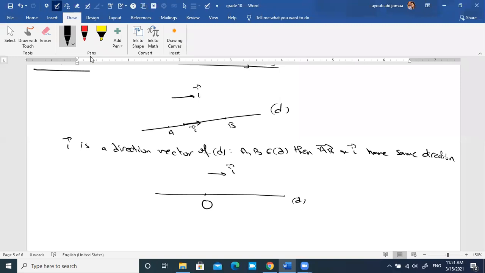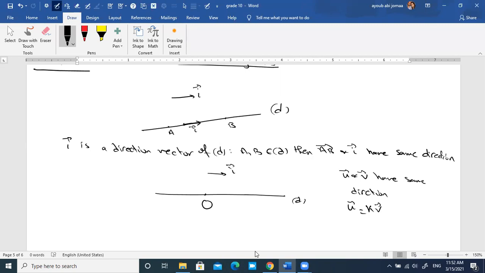To remind you, if, for example, 2 vectors U and V have the same direction, it means they are collinear. U is equal to K times vector V.